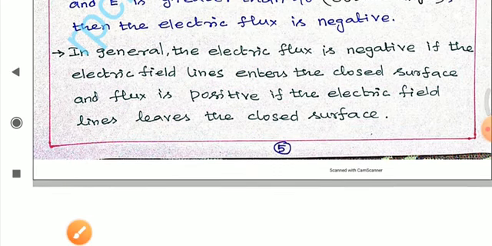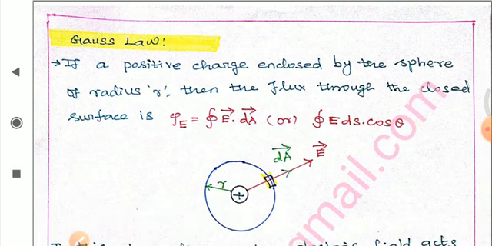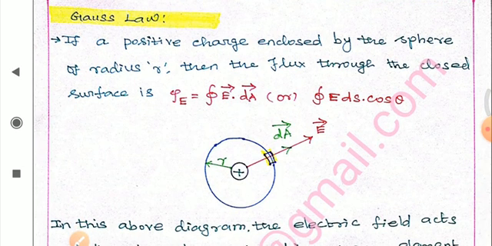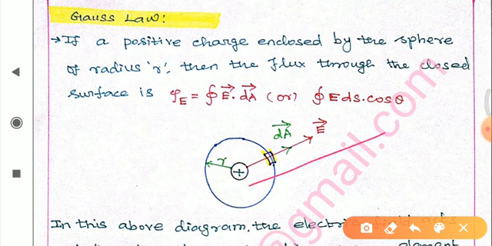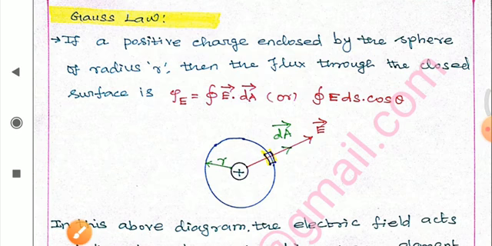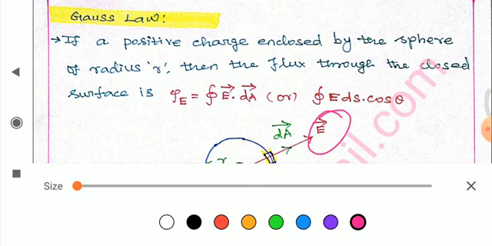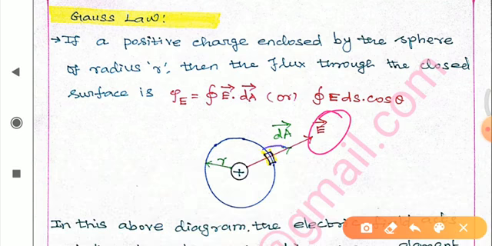Right. Then after this topic, we can discuss Gauss law. So what is Gauss law? In this Gauss law, we are going to calculate the total amount of electric flux. If we consider the positive charge, we know that the electric field always acts radially outwards. That is noted here. So here the electric field is there, and we imagine the closed surface.